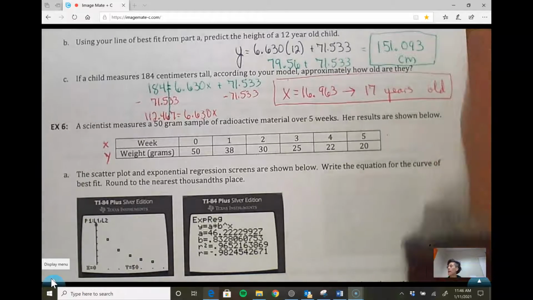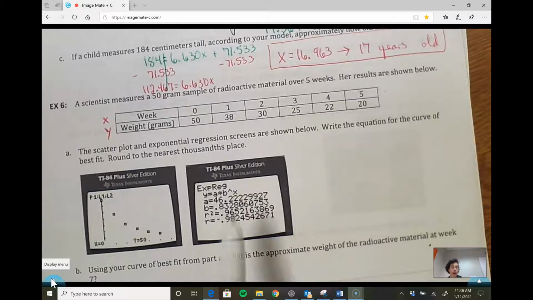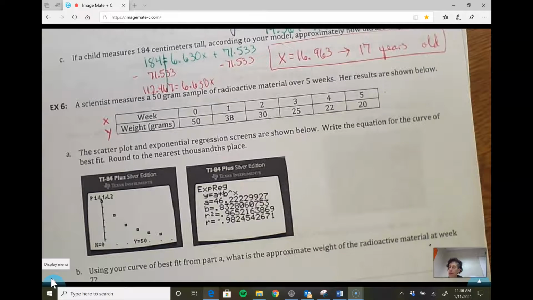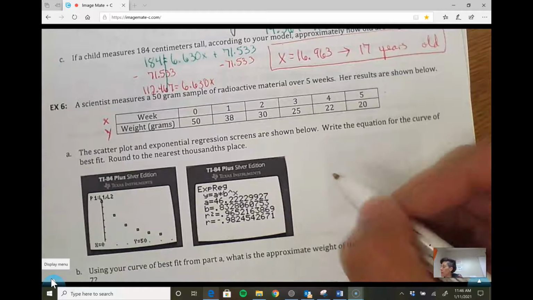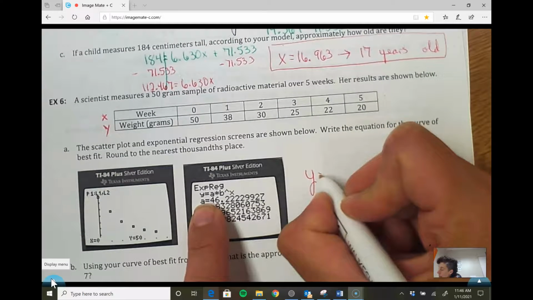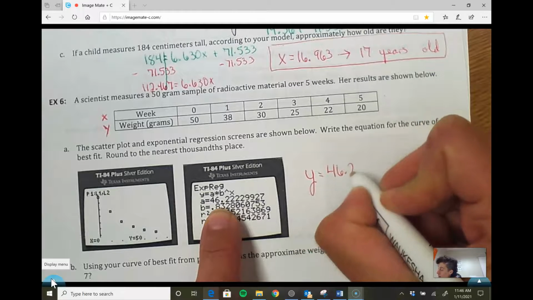So that's where I would allow my calculator to run what's called an exponential regression. So I would put all this data in, and notice, though, they don't use the letters that we typically use. We use B and G. They use A and B. So Y, it's just the way the calculator is set. So we're just going to fill the numbers in. So in for Y is going to be A, and again, I'm going to go 3 decimals behind.